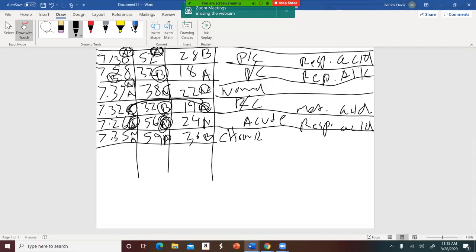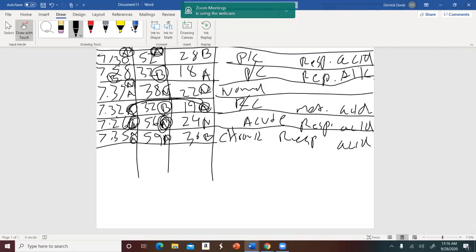In this situation, the pH leans acidic, so this is a chronic acidosis, or compensated acidosis. Who leans with it? Well, that's the respiratory. So this is a chronic respiratory acidosis.